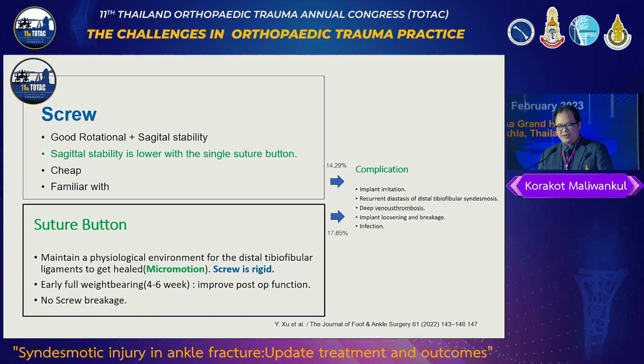By the way, the suture button maintains a physiological environment to promote healing of the syndesmotic ligament, allows early full weight bearing, and has no screw breakage. But the suture button can break too. Please remember this. Complications in the screw group are a little less than in the suture button group, but not significant.